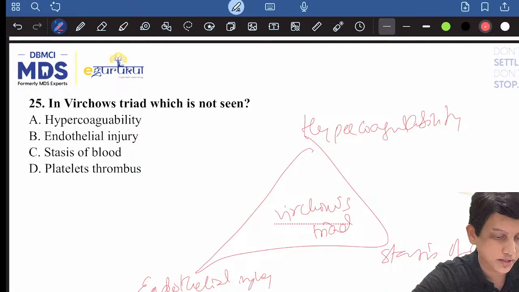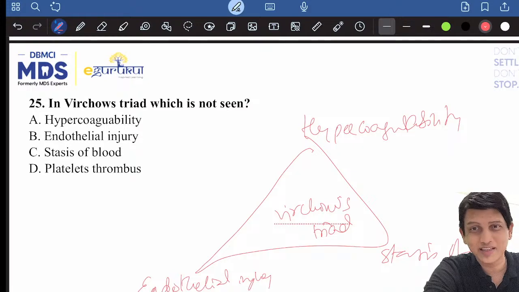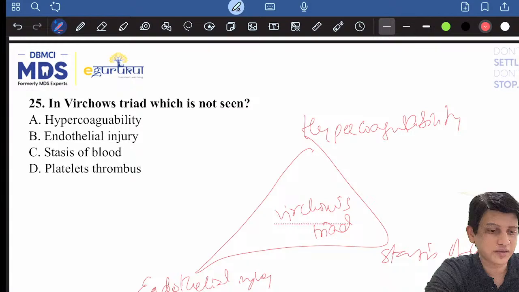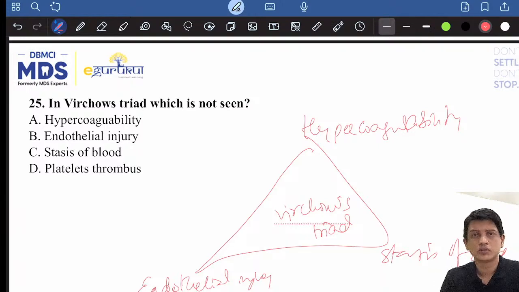Hope it's clear. This is a straightforward question. You can't calculate or guess, and there is not much concept to understand here. You have to know what these triangles, the borders or the components are. Virchow's triad is a very simple, must-know question.